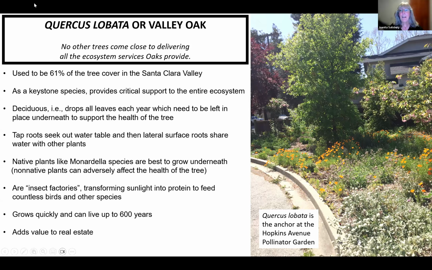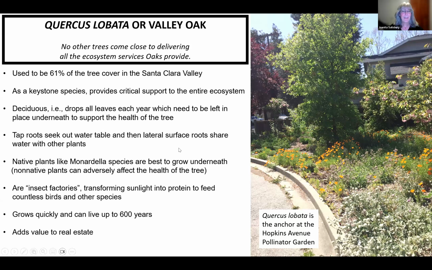And then you want to plant native plants around it, like monardella or coyote mint, that will support the health of the tree as well. Valley oaks are insect factories, transforming that sunlight into protein to feed those baby birds and other species. And they do grow quite quickly and they can live hundreds of years and they add value to real estate. So if you have space for a valley oak, hands down, that's one of my favorite trees to plant.